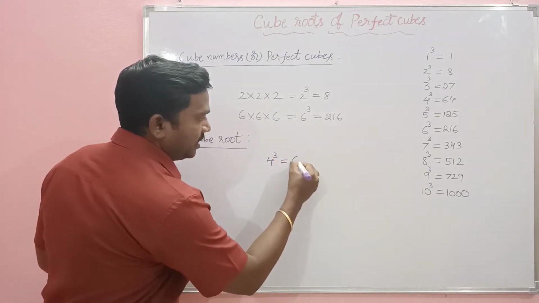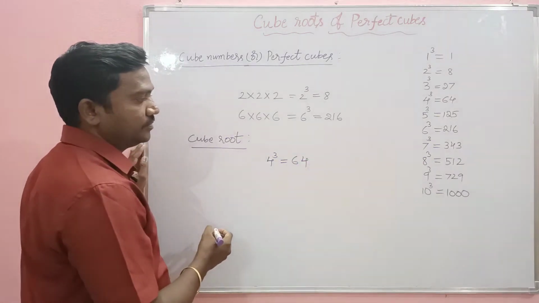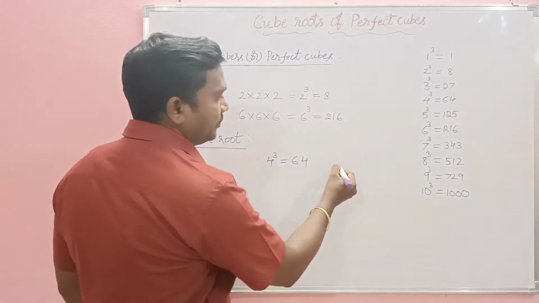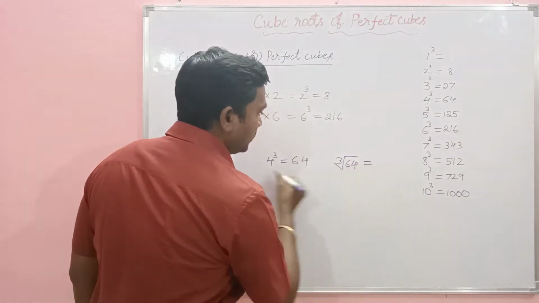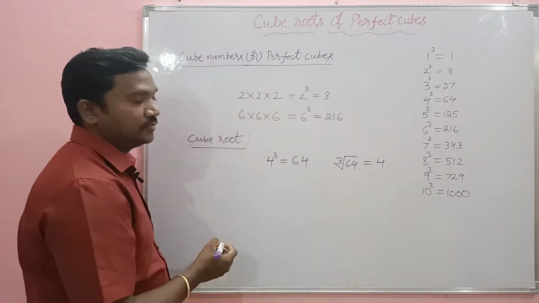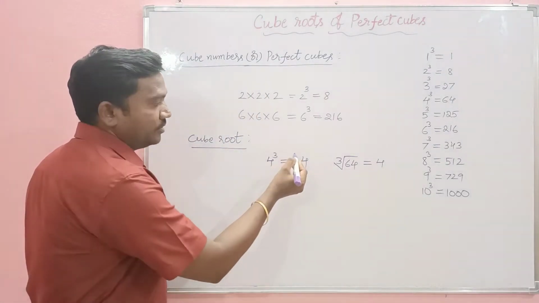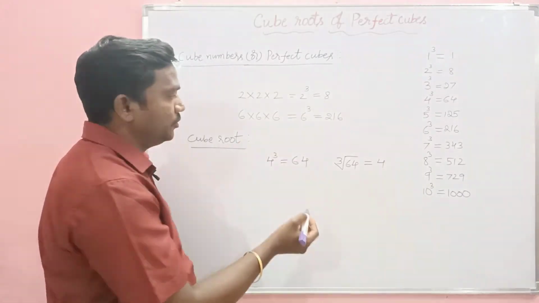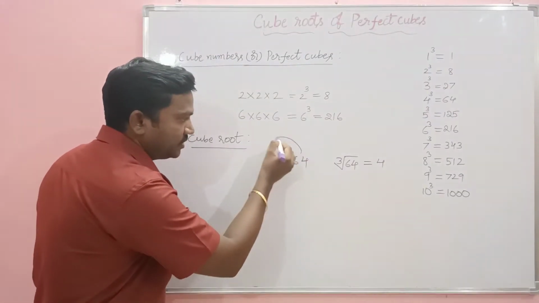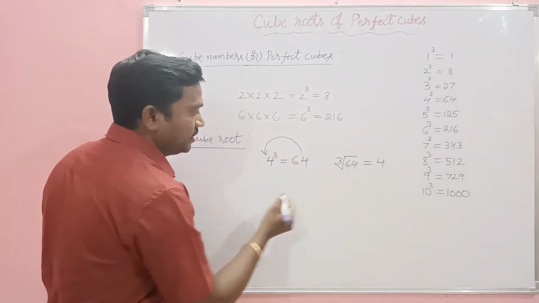4 cube is nothing but 64. Now, cube root of 64 is 4. So, cube root is nothing but the inverse operation of finding cube. It means that cube root of 64 is nothing but 4.